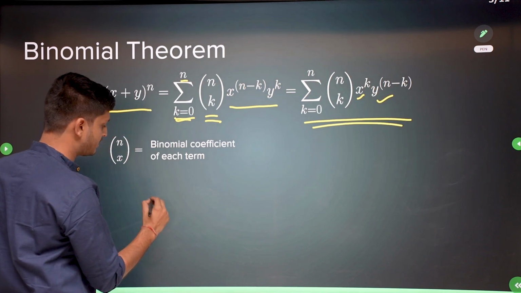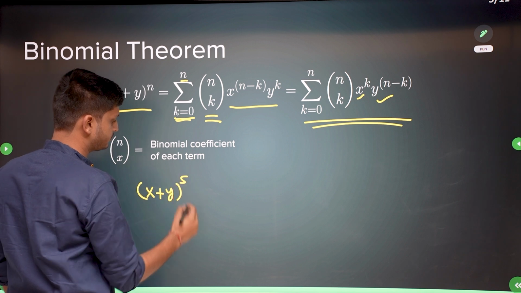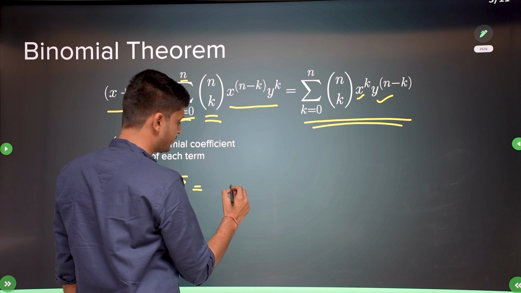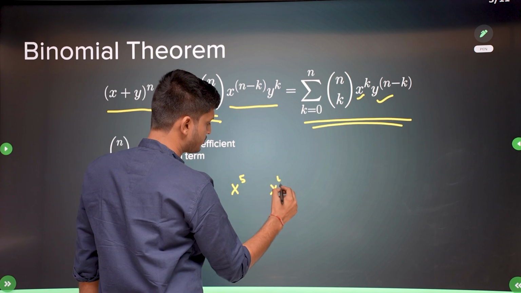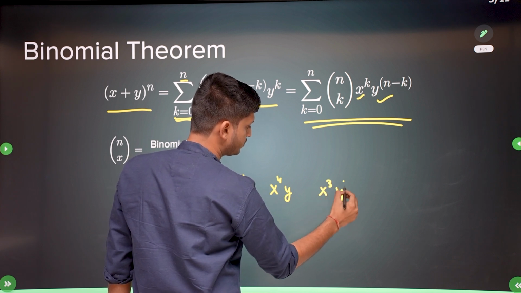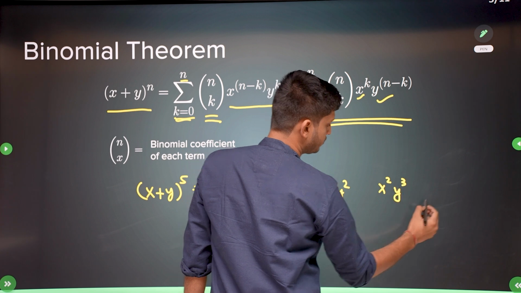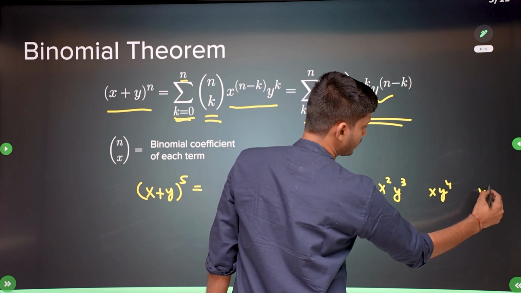So what happens? Let's say I calculate x plus y to the power 5. Here I will have 6 different terms. x to the power 5, x to the power 4 y, x cube y square, x square y cube, x y to the power 4 and y to the power 5.